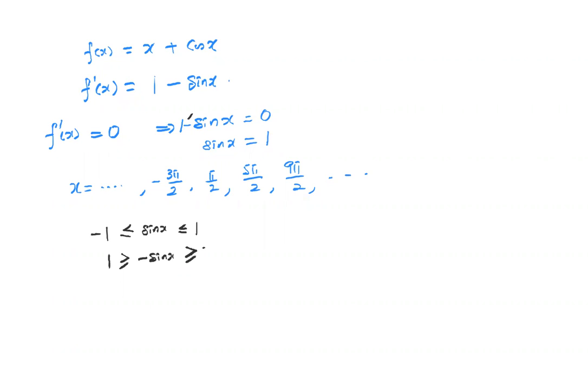So 1, negative 1, correct? Then I add 1. So that is my f prime x, 1 minus sin x. So it's greater than or equal to 0, but less than or equal to 2.